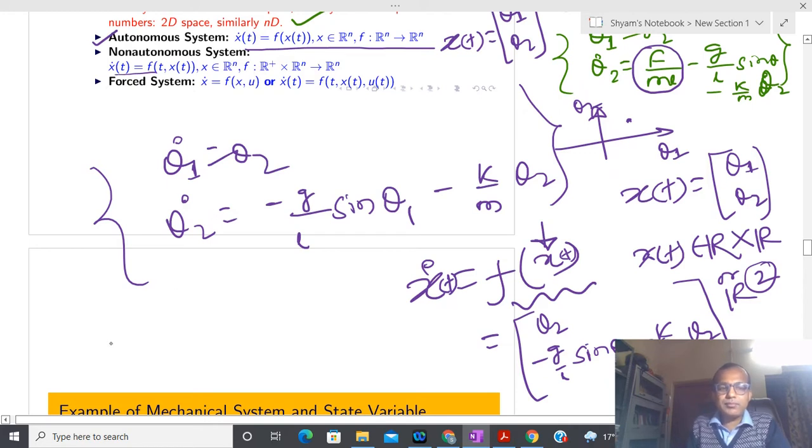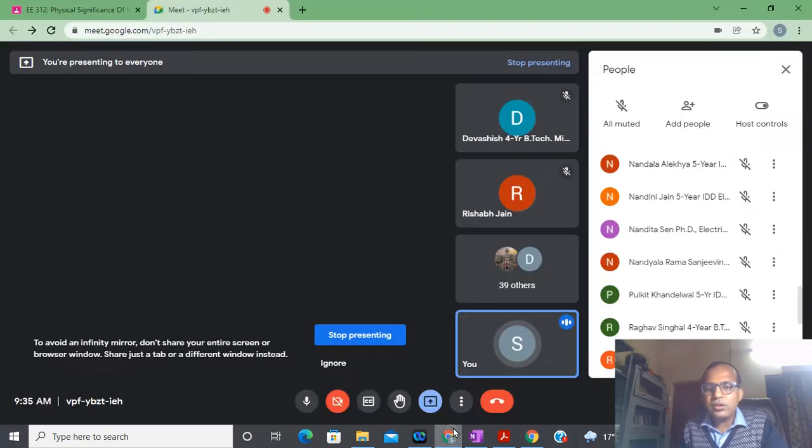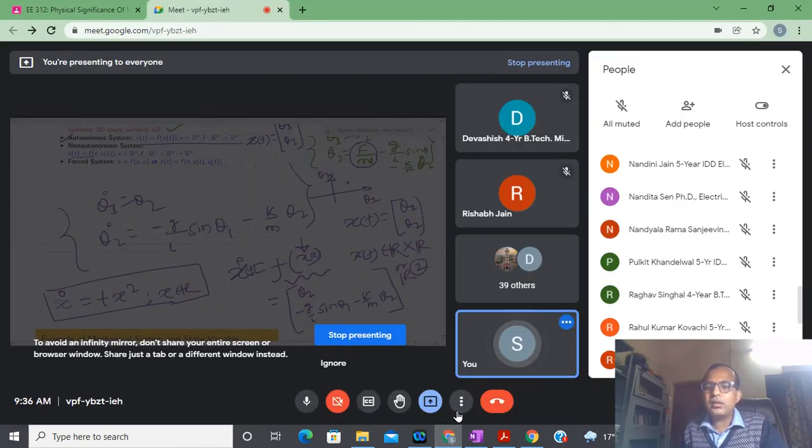Okay, I will ask a very simple question. Suppose I have represented some system like x dot equal to t into x square, and assume x belongs to R, meaning a one dimensional system. Now Rahul Kumar, you can see the definition of autonomous system and non-autonomous system.